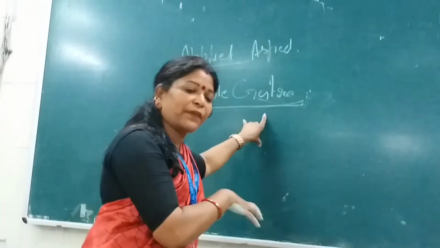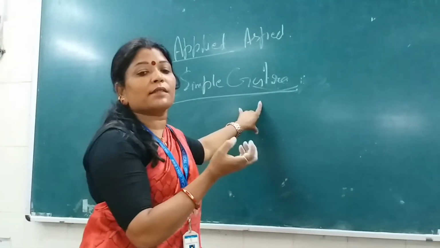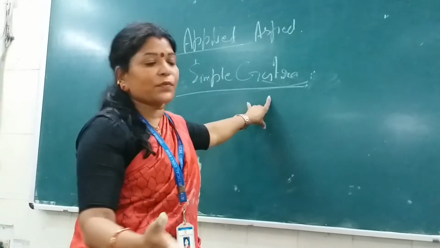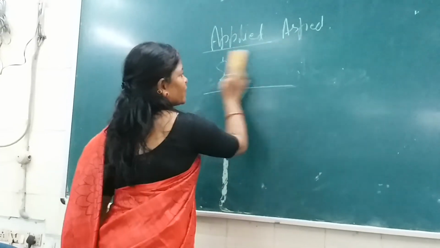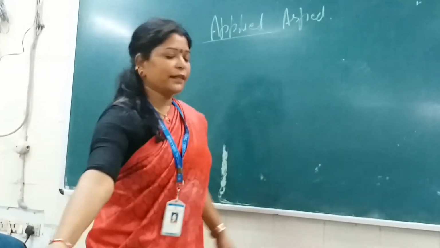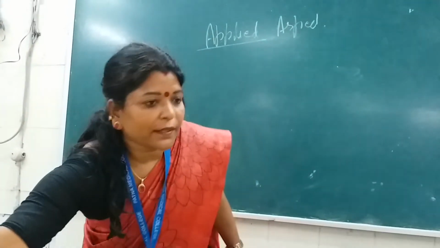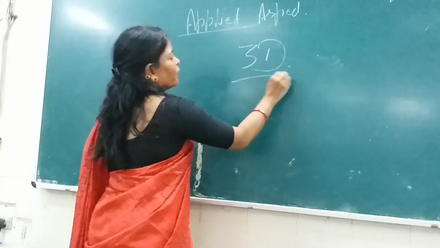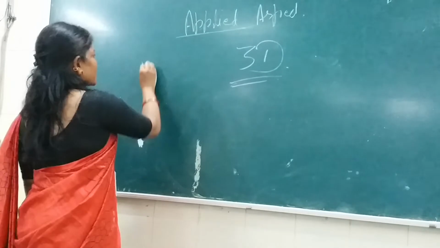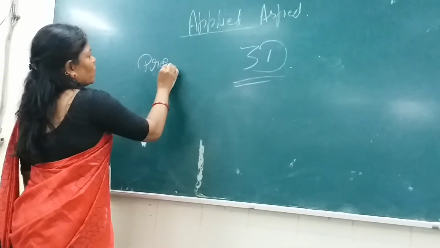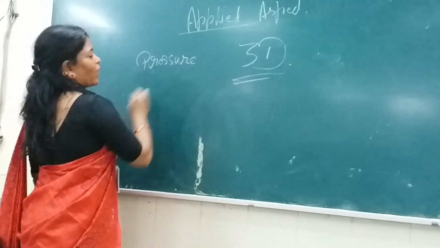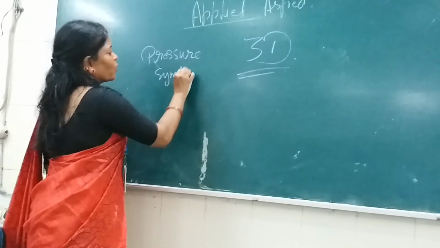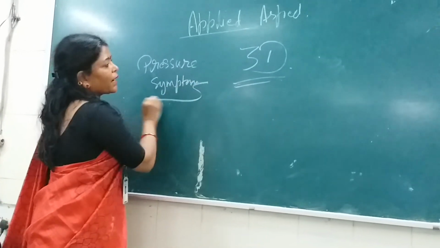One more important relation of this enlargement: what will be the effect of these enlarged swellings in the front of the neck? Pressure symptoms will be there, and they are indicated by 3D. You have to remember the 3D, pressure symptoms related with the enlarged goiter.